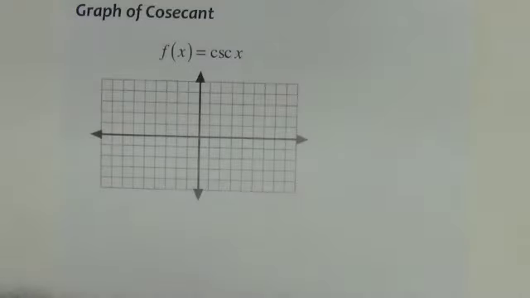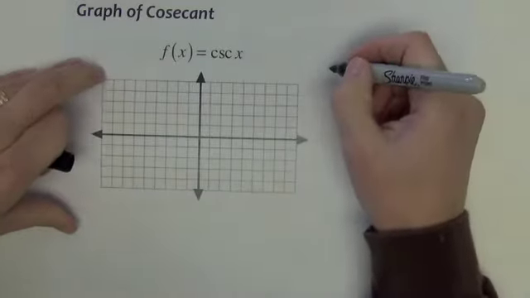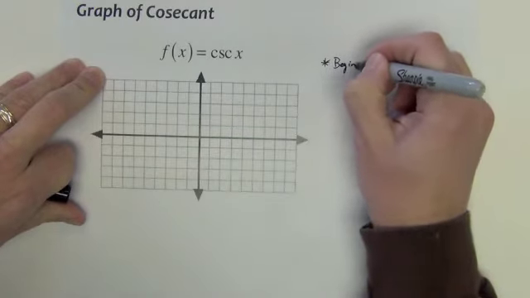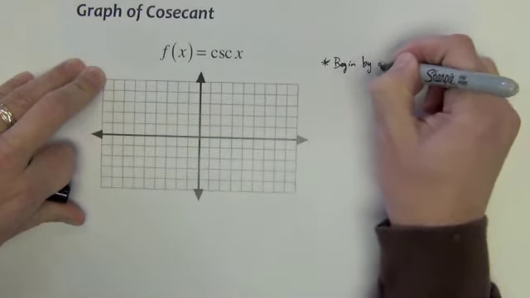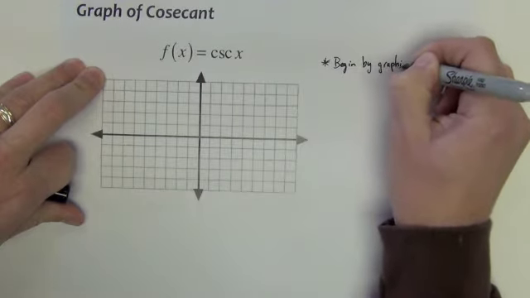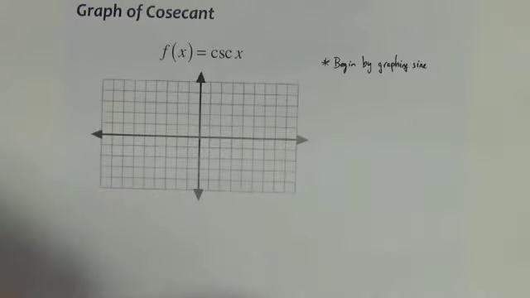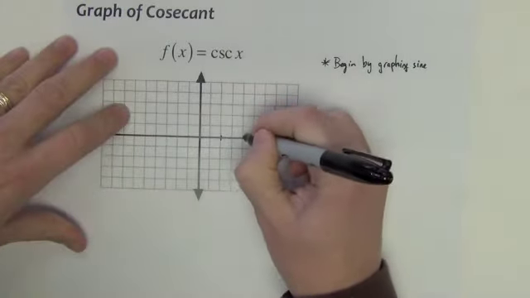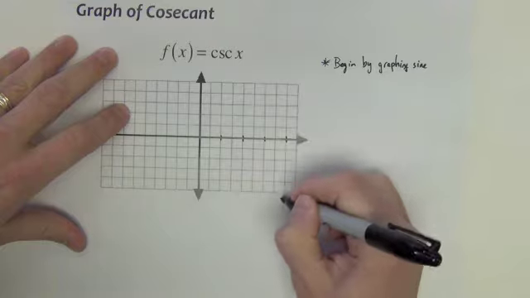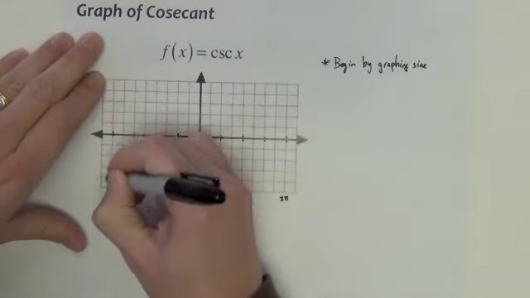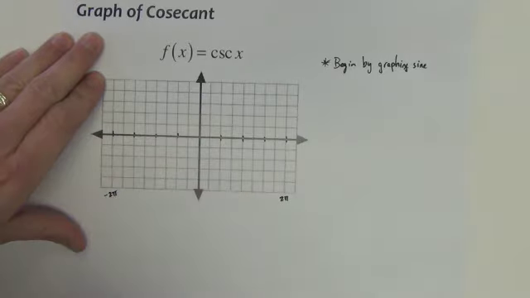Okay, cosecant is the same as your secant graph, except cosecant is sine's reciprocal. So I'm going to begin by graphing sine. Okay, so sine's graph. We'll mark this out to 2 pi, mark this out to negative 2 pi.